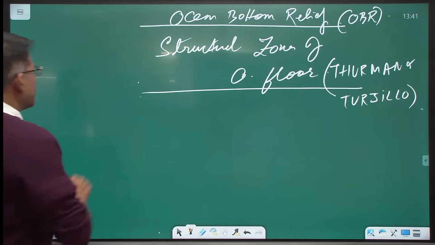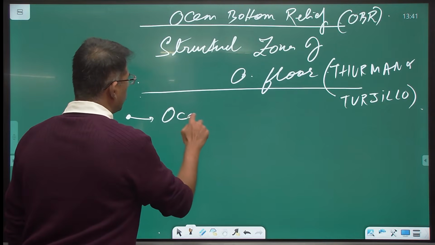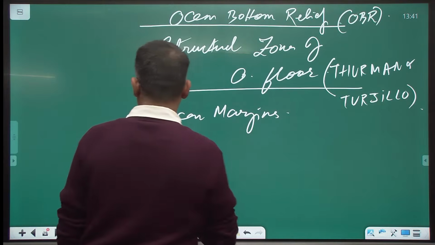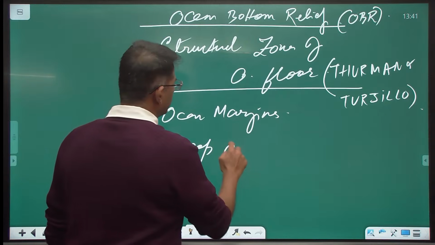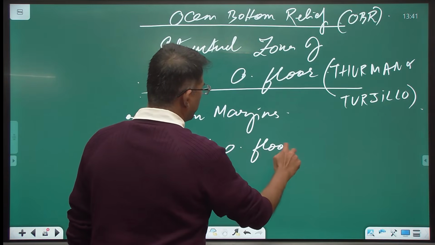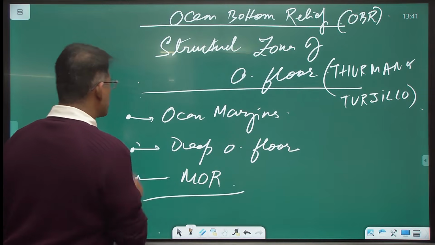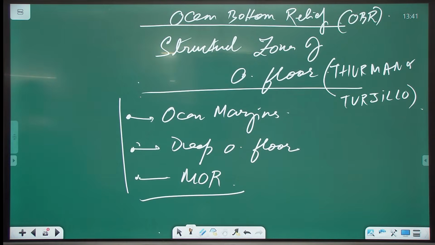So what they have done is they divided the ocean floor into ocean margins, okay, the deep ocean floor and the moor. They said ocean का ये तीन main part है. The ocean margins, the deep ocean floor and the moor. Okay, this scheme was given by Thurman and Trujillo.